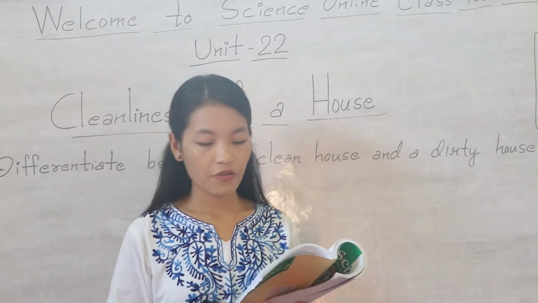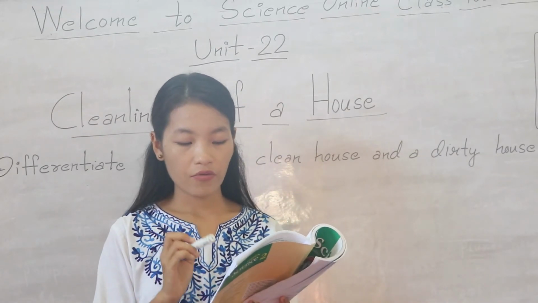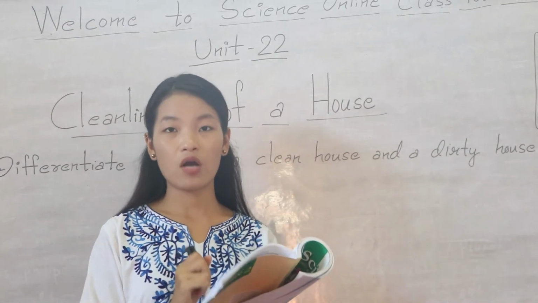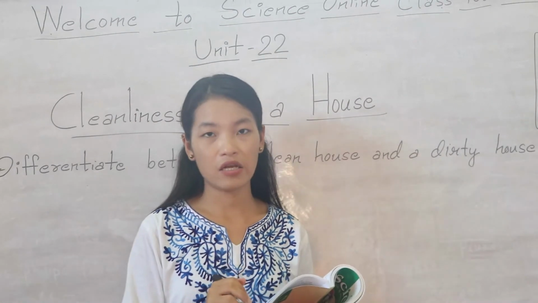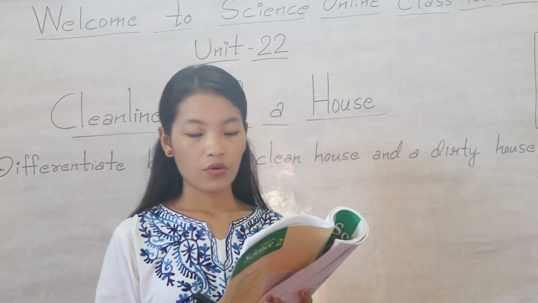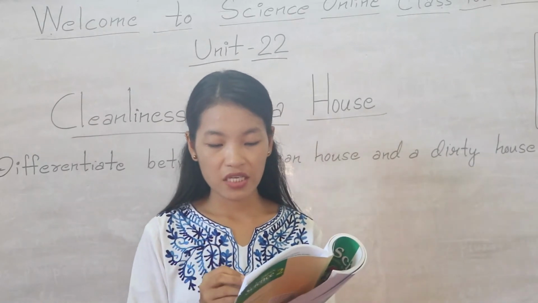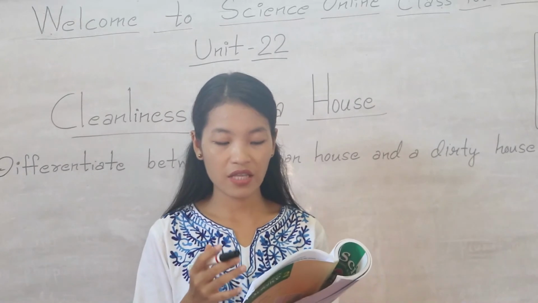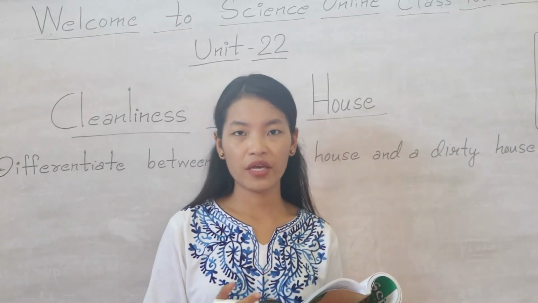Okay. Now, first, tell me, is it a dirty house or a clean house? Yes, we can see it is a dirty house. There are lots of dust particles thrown on the floor in an unmanaged way. Yes or no?